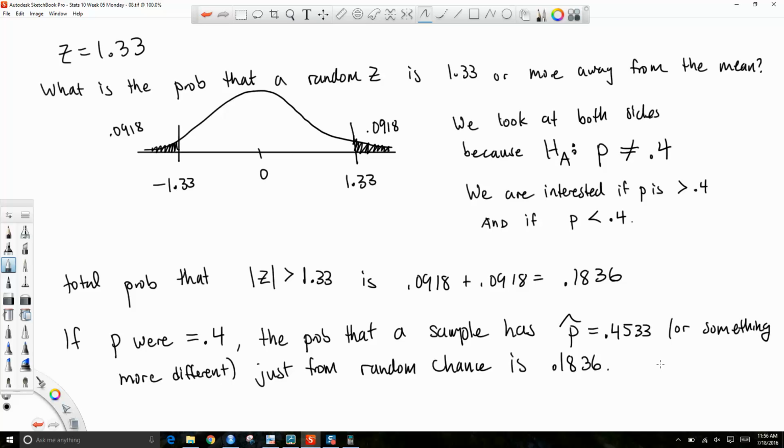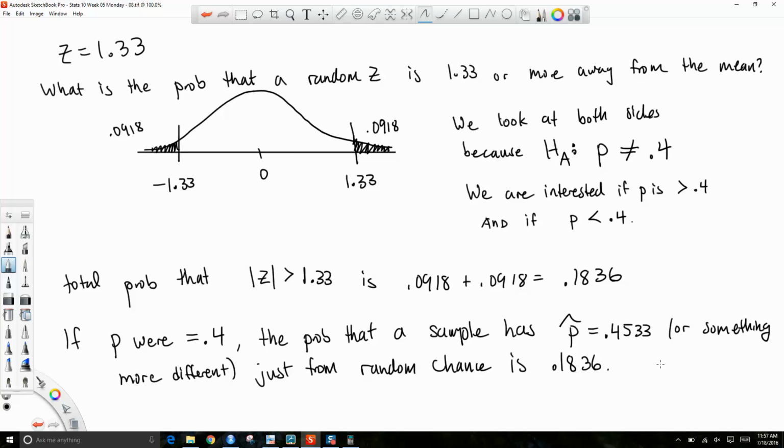So if my belief is true that 40% of UCLA students live in an apartment, whenever I take a random sample, I could get a lot of students living in apartments or very few students living in apartments, right? That's just the nature of random sampling.